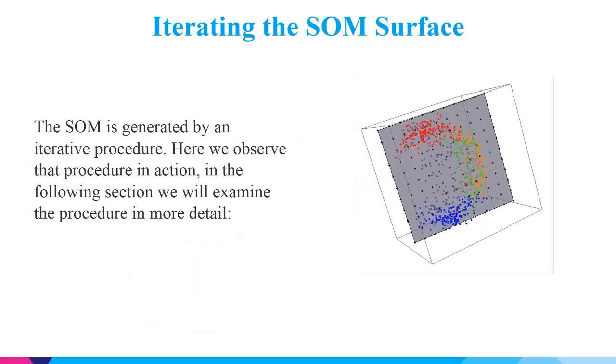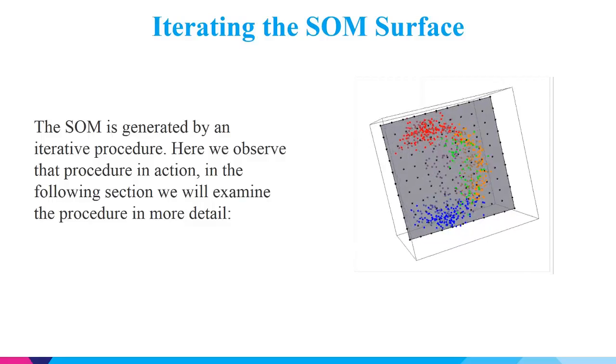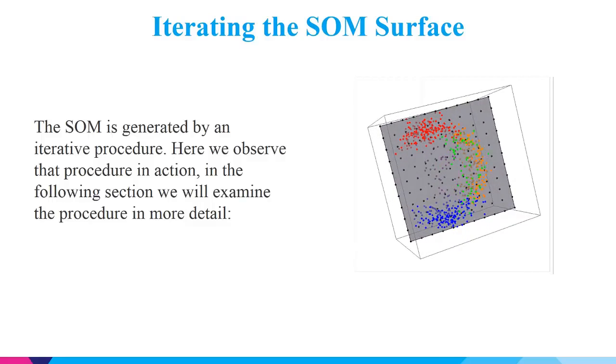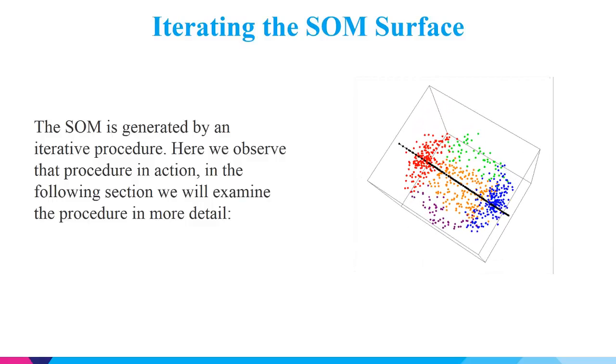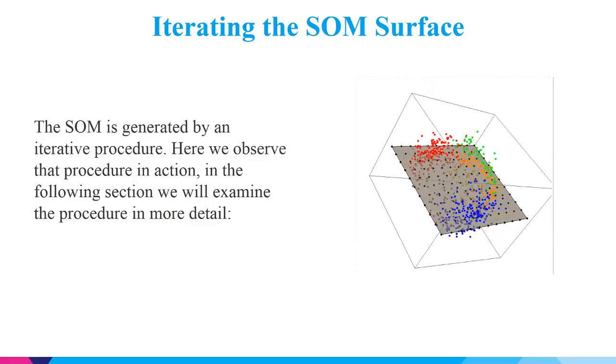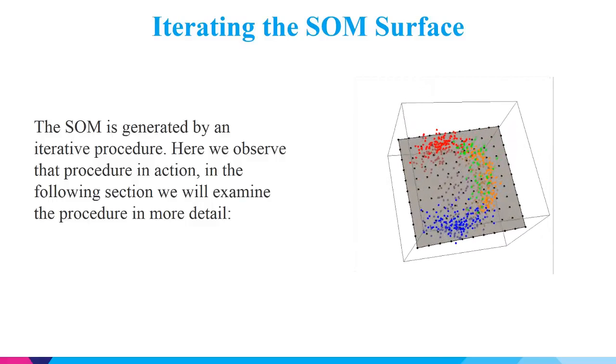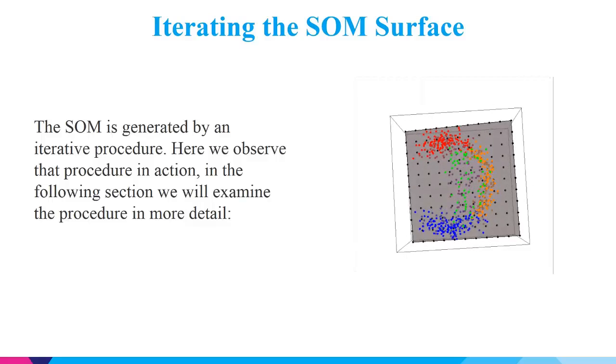So here I'm just going to illustrate what happens as we iterate the self-organizing map algorithm. We've got a short movie here where we can show the initial conditions. The initial condition is that we start off with the PCA, the principal component analysis surface, which we have populated with a regular array of centers.